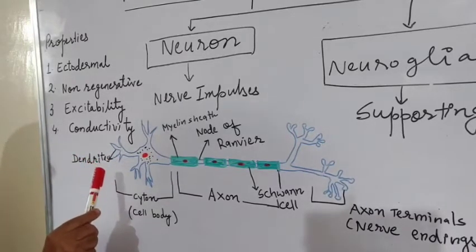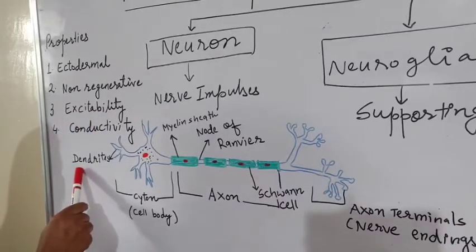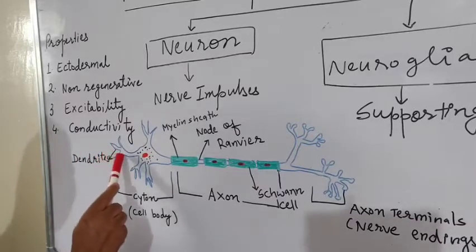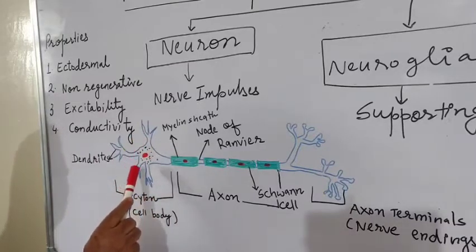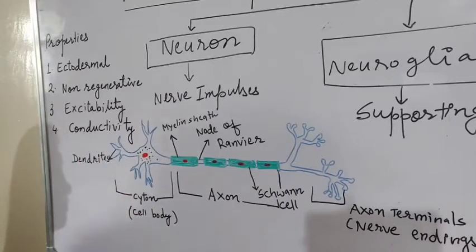These dendrites branch because they increase the surface area for getting the impulse, for getting excited. So these dendrites receive the information and this information is passed to this part.